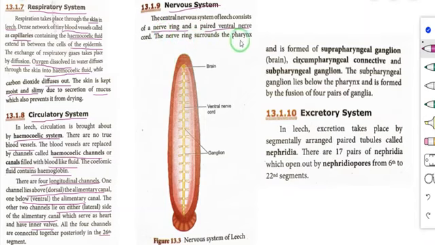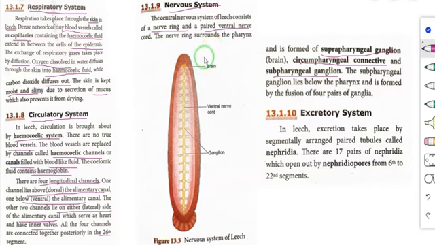The nerve ring surrounds the pharynx and is formed of pharyngeal ganglia. The nerve ring surrounds the pharynx region, which is located in the first 5 segments.